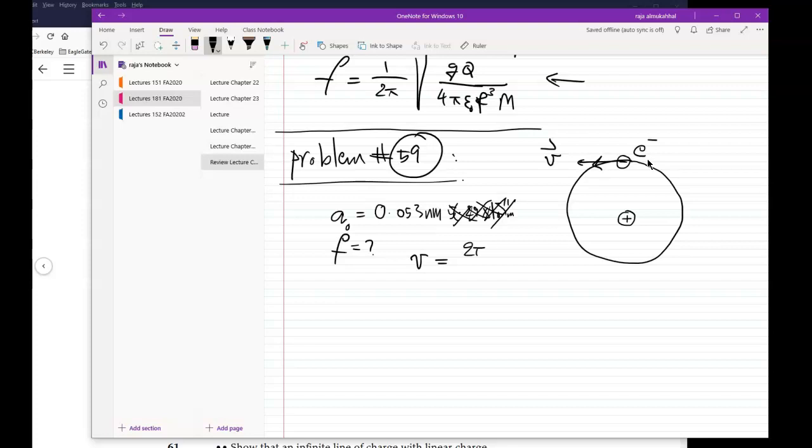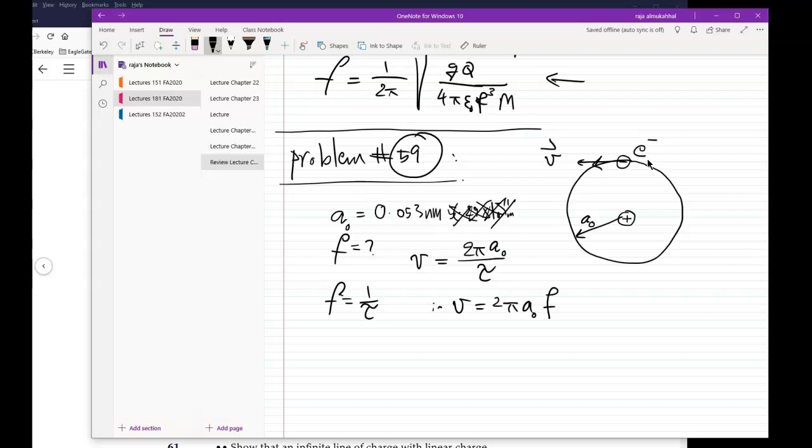So basically 2 pi a naught, a naught being the Bohr radius, divided by the period. But we said that the frequency is 1 over the period, the reciprocal of the period. So therefore, the velocity is 2 pi a naught f. See that?